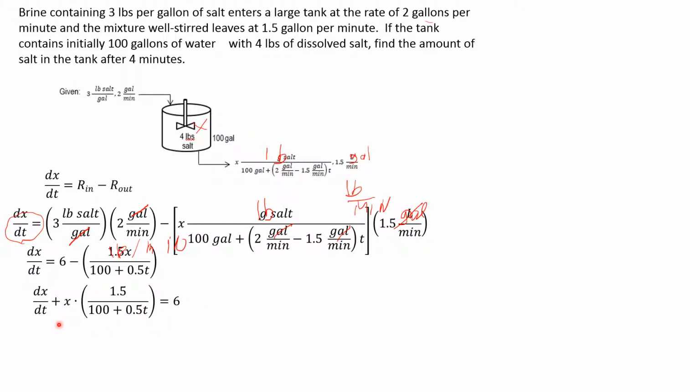You notice that this is a linear differential equation whose p of t is 1.5 over 100 plus 0.5t and q of t is 6. And we get the integrating factor.